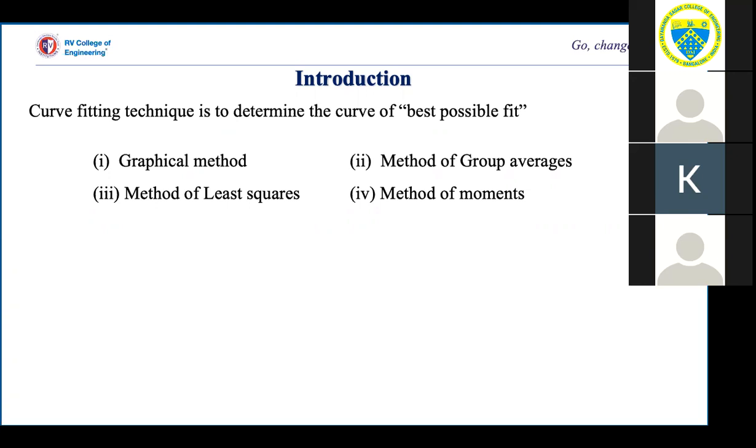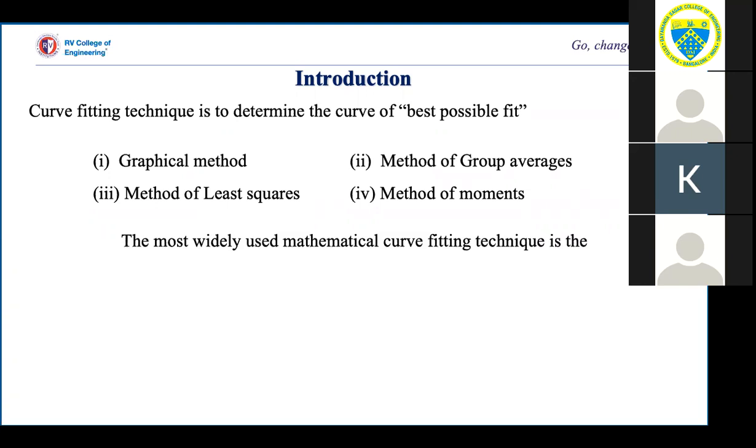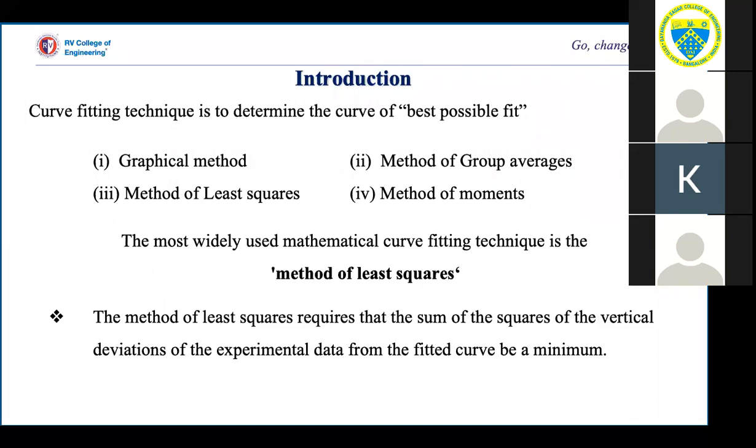So when we talk about curve fitting, it is a technique to determine the curve of best fit. These are the four methods: graphical method, method of group averages, method of least squares, and method of moments, but the most commonly used technique is the method of least squares.